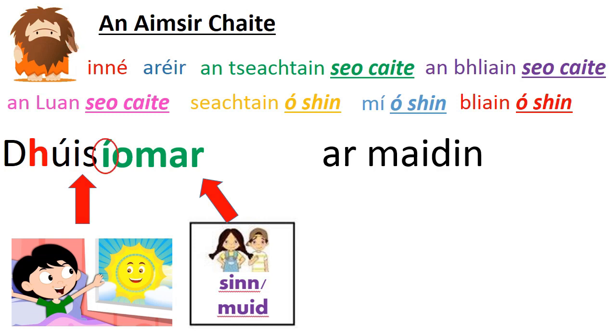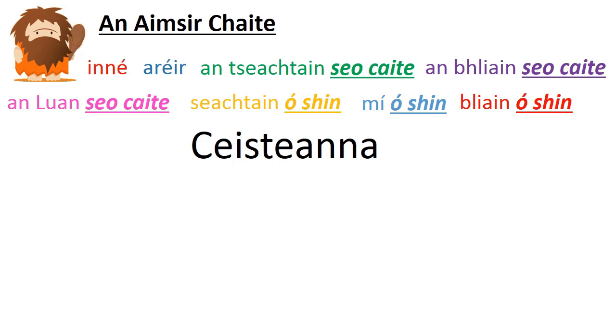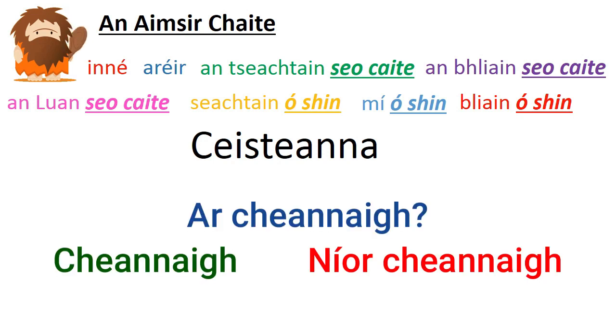Féach anseo, guta caol. Féach anseo, guta caol freisin. Caol le caol, tá sé ceart go leor. So remember those. The question is ar. The answer is just how you say you did it. And to say I didn't, it's níor. Ar and níor.